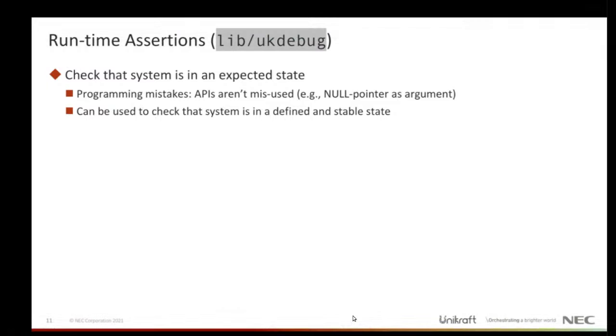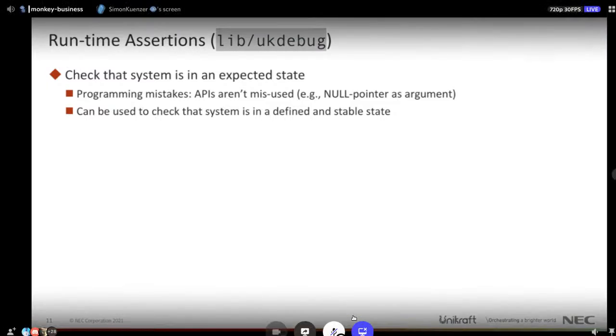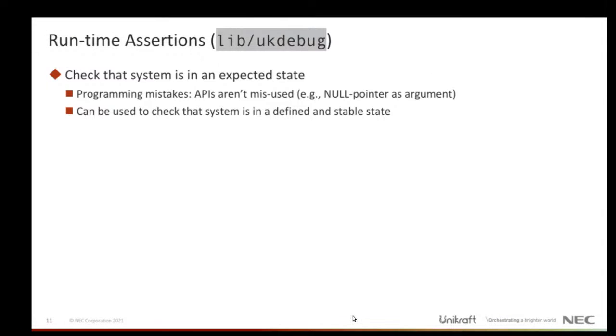For instance, a null pointer as an argument, although you didn't expect it, you can catch that with an assertion. The second thing is you usually place some assertions in your code to check if your system is in a defined and stable state. For instance, we found bugs already with this in the memory allocator code, because something was overwritten, and then we had a really weird state, but this was easy to catch thanks to an in-place assertion.